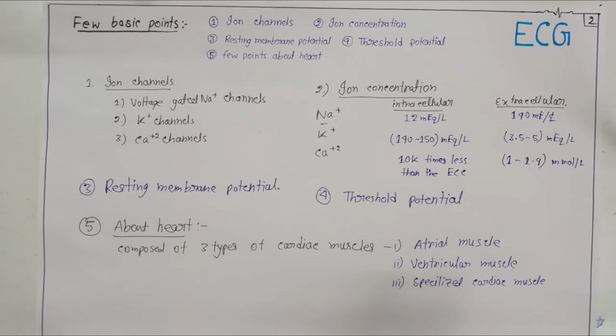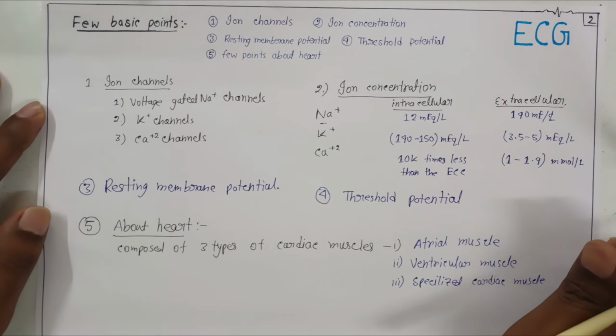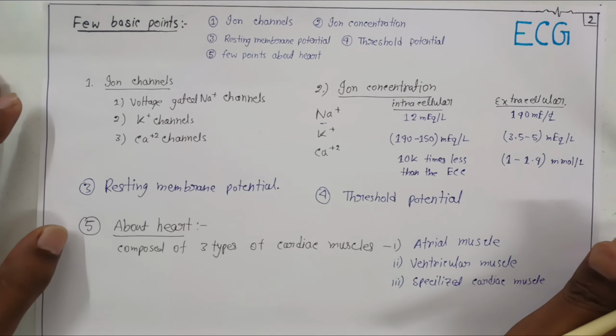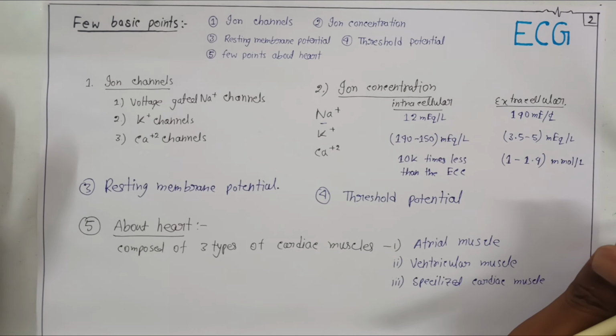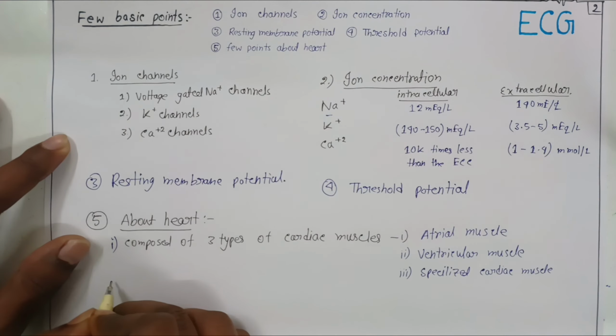Now the atrial and ventricular muscle contract much the same way as skeletal muscle. That means contraction of atrial and ventricular muscle and the skeletal muscle are almost the same, but the main difference is the duration of contraction.